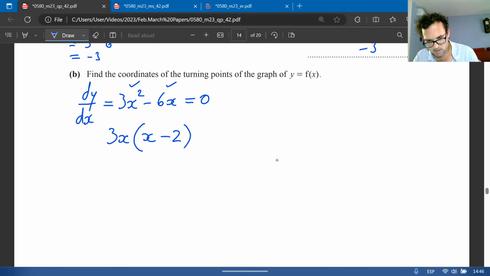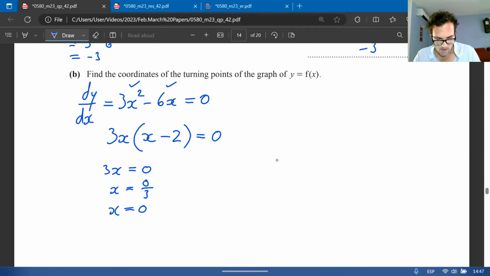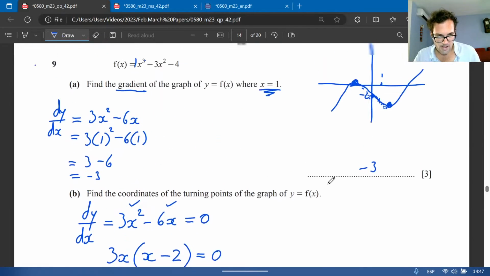So we check that if you expand the brackets, you get the same thing. Now we can split up into our two answers. We can say 3x equals 0. That means x equals 0 divided by 3, which is 0. So the one turning point will be where x is 0.